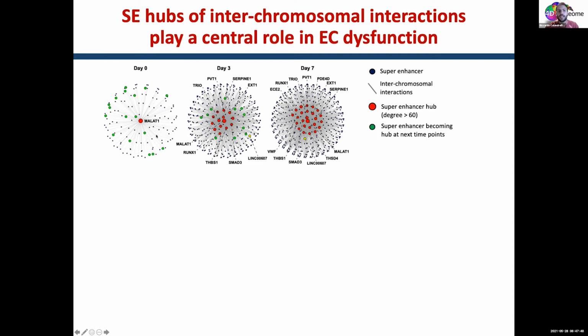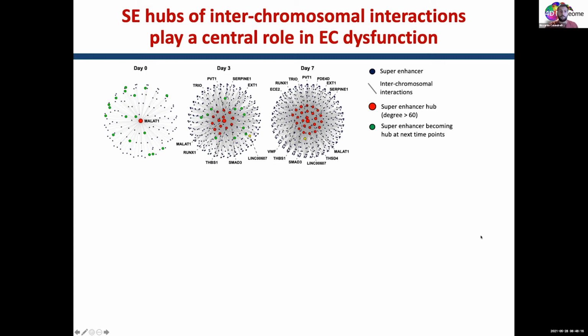The green nodes are superenhancer hubs at the day 7 that were already present as nodes before, but not yet hubs. So this shows also a continuous expansion of superenhancer hubs from day 0, where we observe only one superenhancer hub, to day 3, where they go to 14, and finally day 7, where they go to 25.